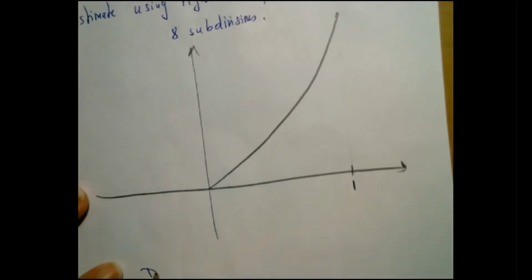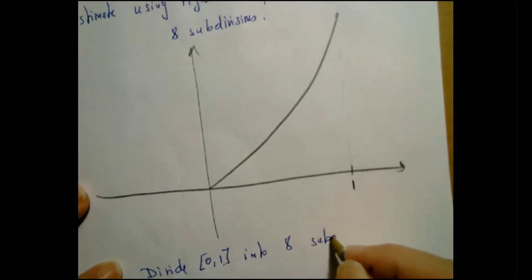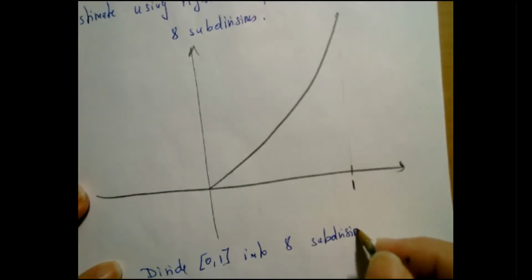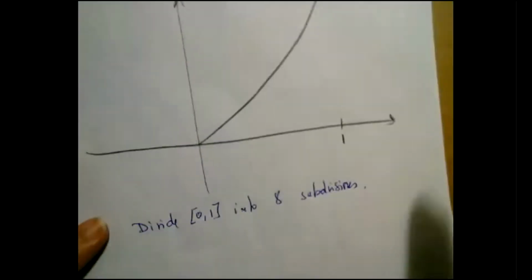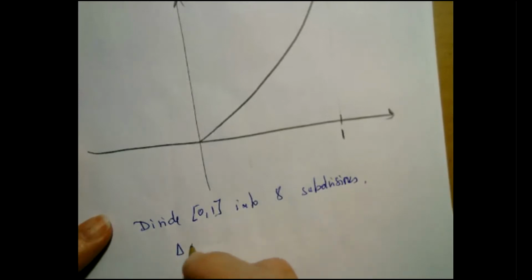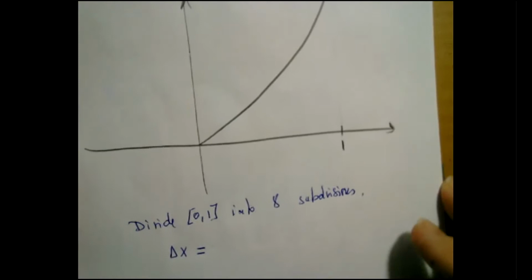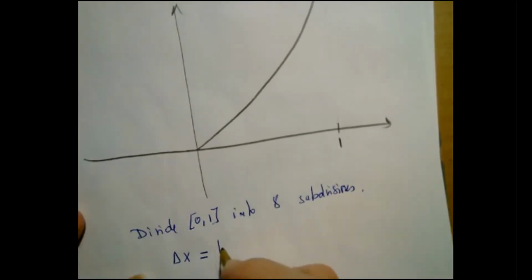So now we're going to divide my interval into 8 subdivisions. Okay. And what's the delta x in this case? The delta x is the length of every subdivision. So it's the length of every subinterval.